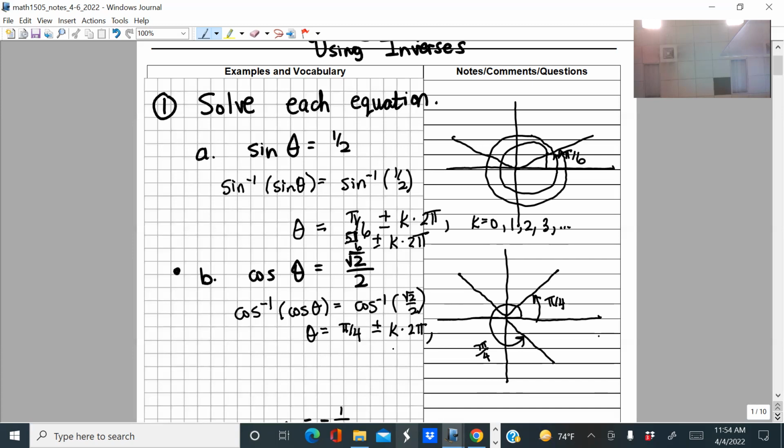So what else can theta be here? 7 pi over 4, and then plus or minus some multiple of 2 pi. By the way, minus pi over 4 is a solution to the equation. Where does that come in this list?